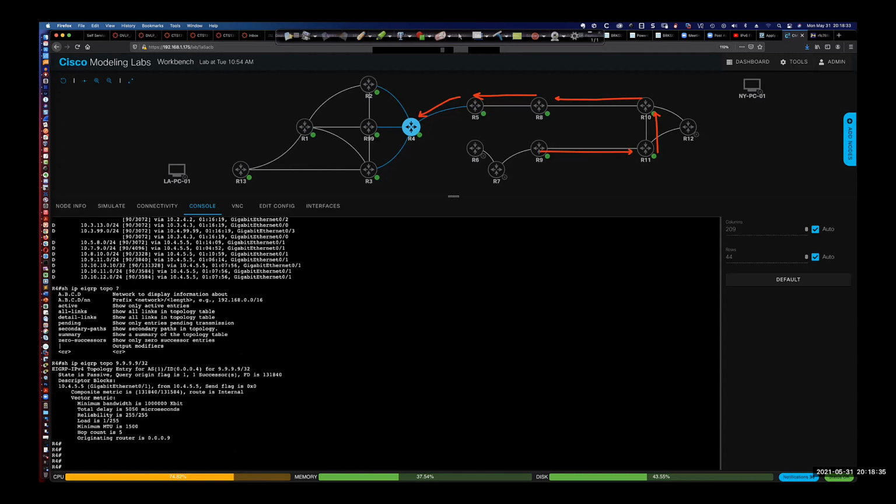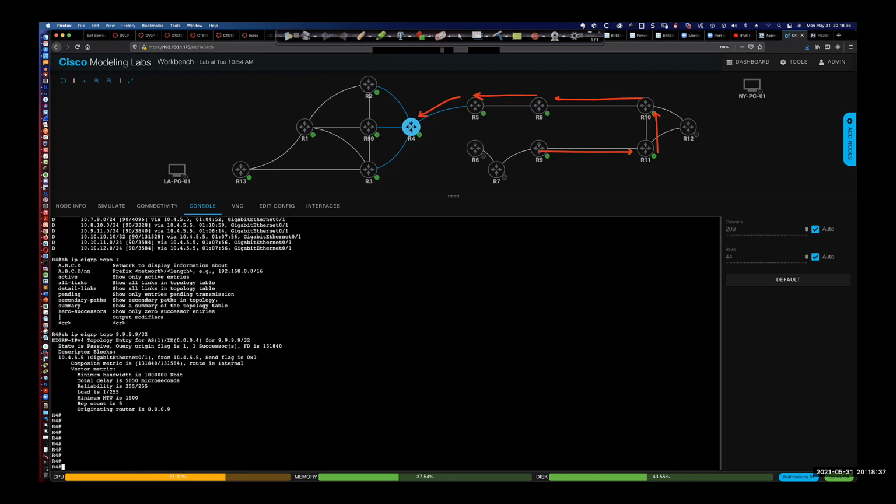And the show IP EIGRP topology command is going to come in very handy when we start to talk about feasible successor, the reported distance, the feasible distance, the computed distance. So these are all a bunch of terms that really make EIGRP challenging for learners. And here is where you can see the originating router.